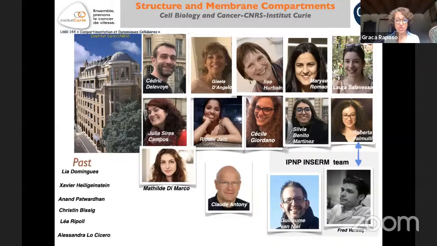The conditions are different, and by fluorescence you are looking at an ensemble of molecules, whereas on EM, because we are on sections, we have much less antigen exposed. We always say 1 gold particle corresponds to 100 molecules, still. So for some proteins, it's extremely difficult to really localize them because they are not abundant. And this is very difficult.